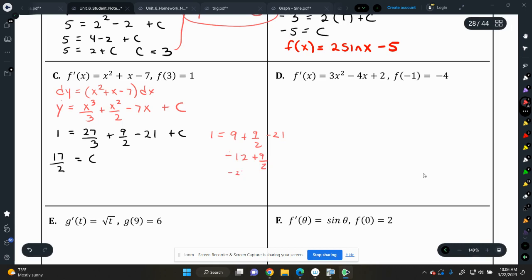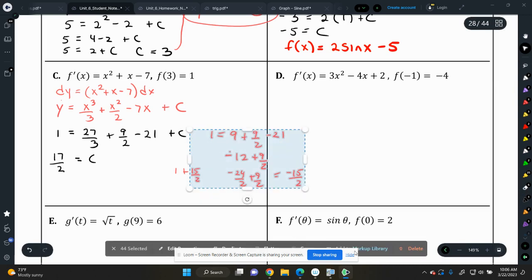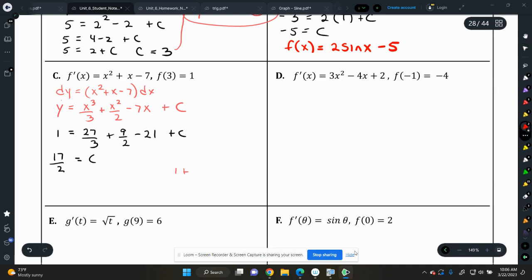So that's negative 24 over 2 plus 9 over 2, which is negative 15 over 2. Adding that to the other side, I get 1 plus 15 over 2, which gives me 17 over 2. I got a random 6 from somewhere, and I think that's what threw everything off. Well, if you got a random 6 from somewhere, that would definitely throw you off. Can we do decimals instead? Yes, you can do decimals if you're not rounding the decimal. Yeah, so I got 8.5. Yes, you can do that if you're not rounding it.